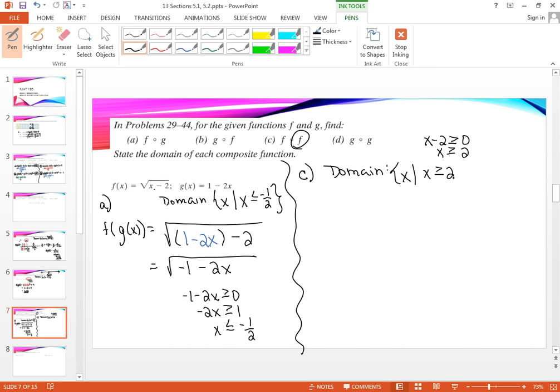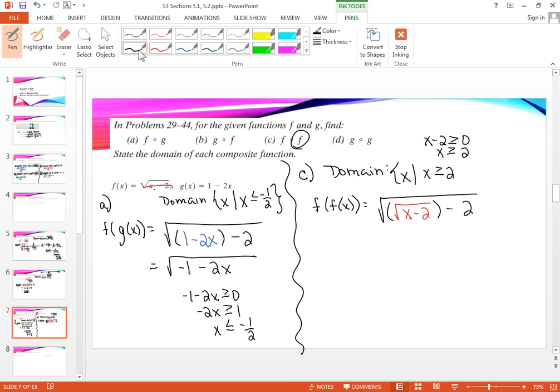Okay. Make my composite function, f of f of x. So the square root of something minus 2. What are we plugging in? We're plugging in f, which is the square root of x minus 2.